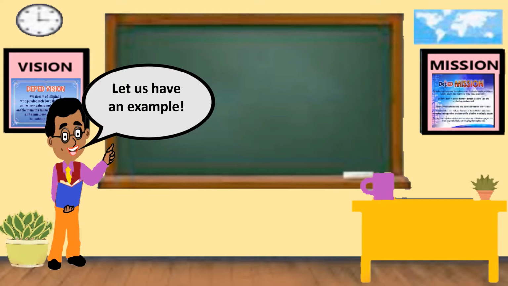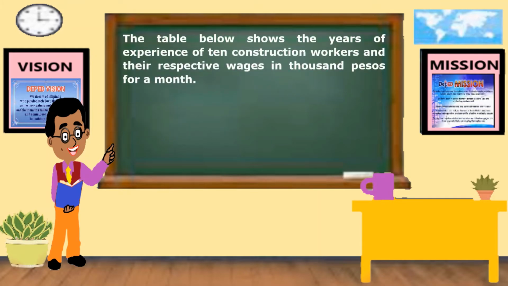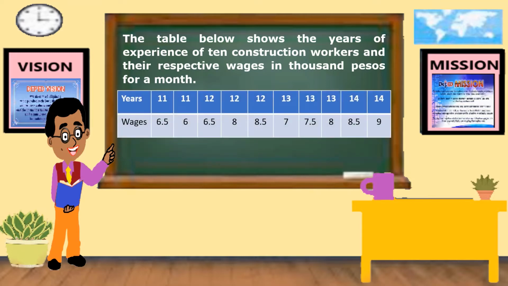Let us have an example. The table below shows the years of experience of 10 construction workers and their respective wages in 1,000 pesos for a month. So we have here years, which is 11, 12, 13, and 14. There are 2 construction workers with 11 years of experience, 3 with 12, 3 with 13, and 2 with 14.